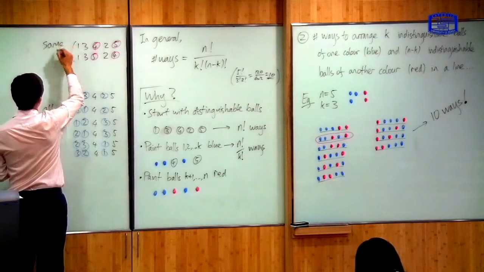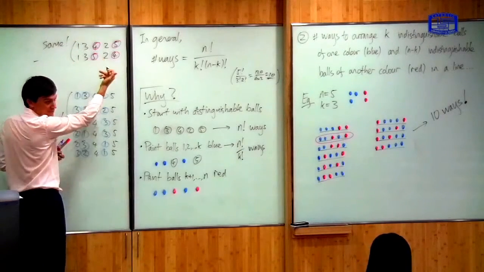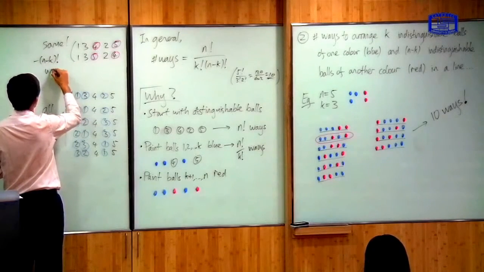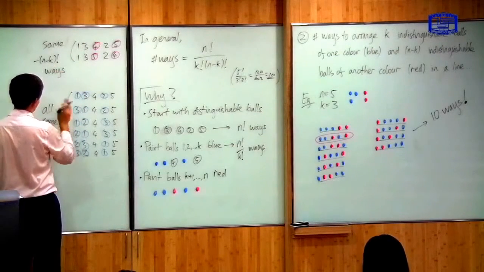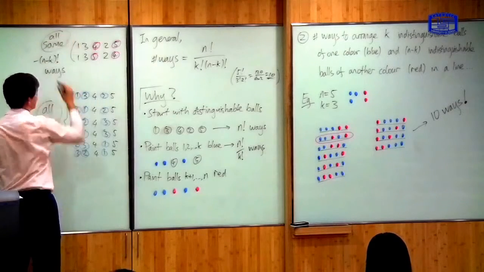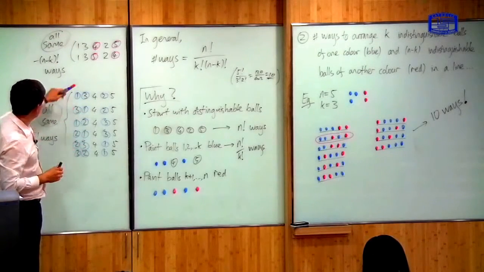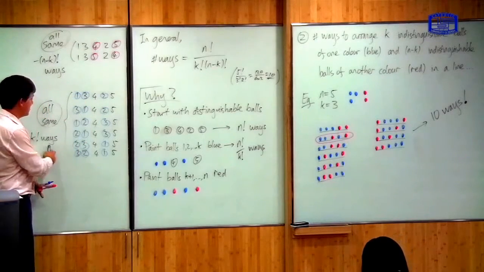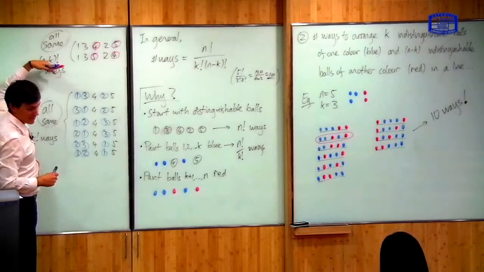So now these ways are the same, and how many ways? Well, there's the number of red balls. Right? So this is just n minus k factorial. Probably I shouldn't use the exclamation mark here, because it means something mathematical. Okay, so coloring all the balls blue reduces the number of ways by k factorial. Coloring the remaining balls red reduces it by n minus k factorial.